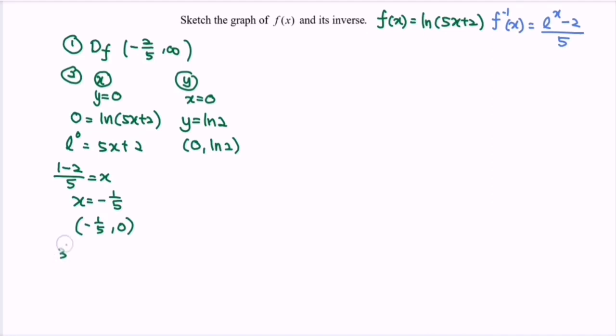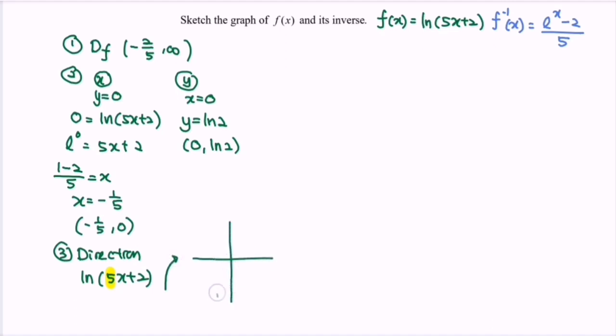Next, step number 3 refers to the direction. By referring to ln(5x + 2), the key is the coefficient of x. Here we have positive 5. If it's positive 5, the graph will be towards the right. So here we have 3 situations.